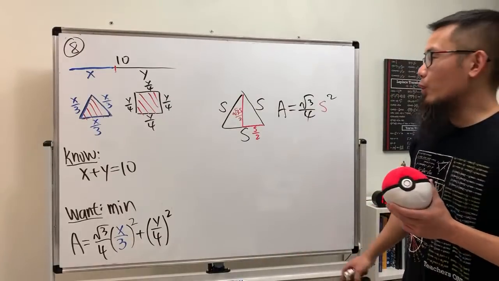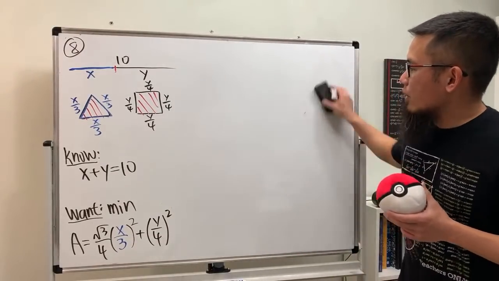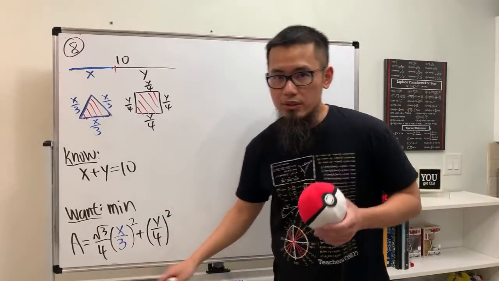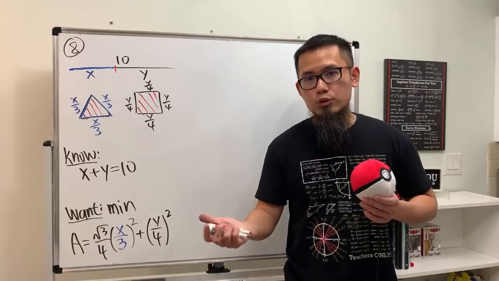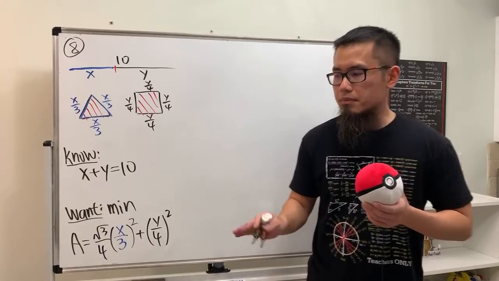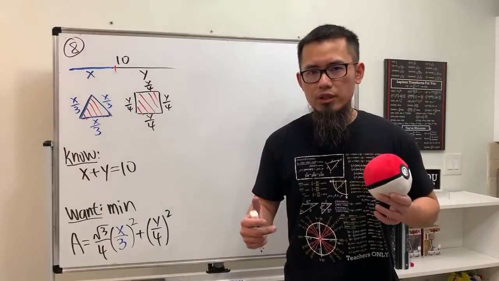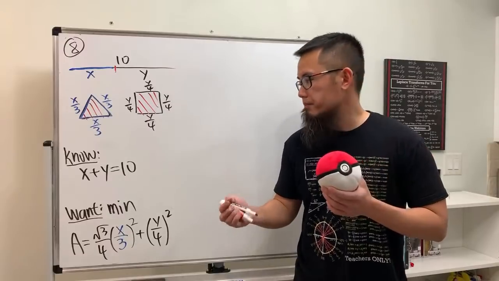So that's what we are trying to get a minimum out of. So you can see that you do need to know some formulas like the volume of the cone, the area of an equilateral triangle, maybe the law of sine, law of cosine sometimes, depending on if your teacher lets you know ahead of time what formulas you are expected to know.